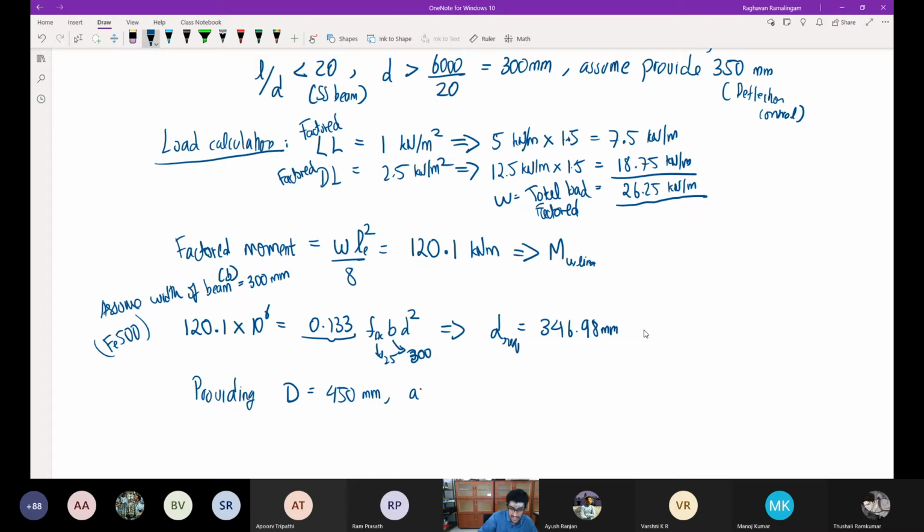And we also assume that we have 20 bars. 20 will be a bit too much, so let's assume 16 bars. Therefore, the effective depth will be 450 minus, and of course, moderate exposure.